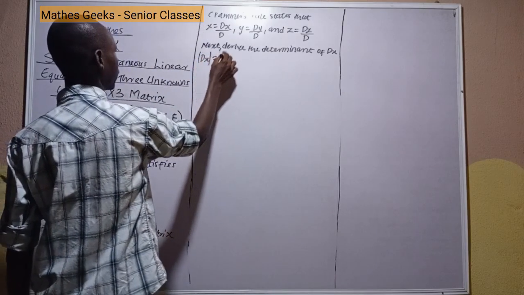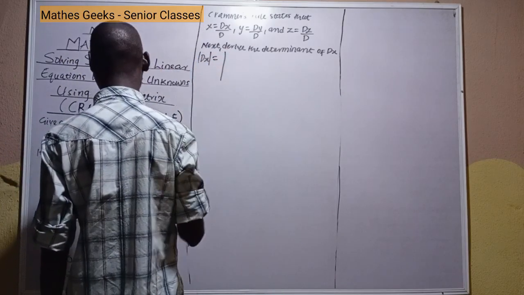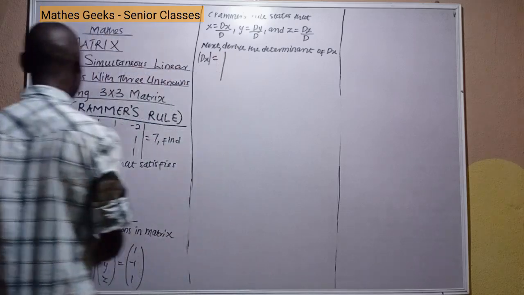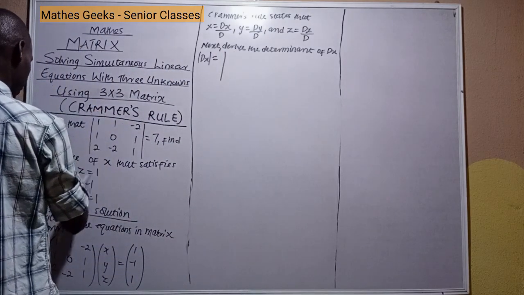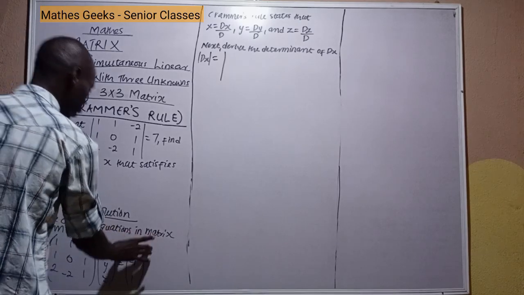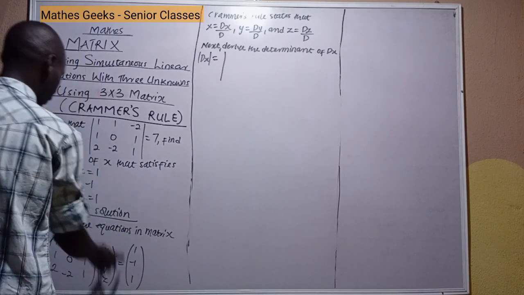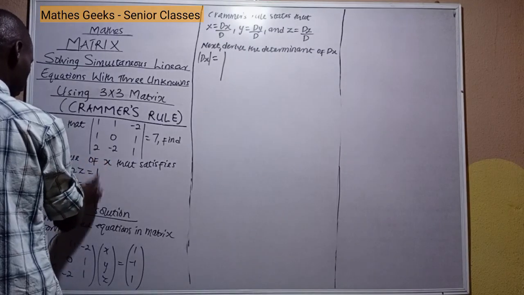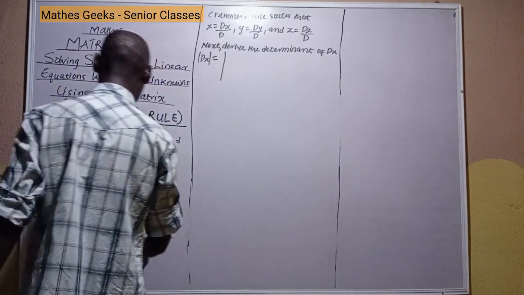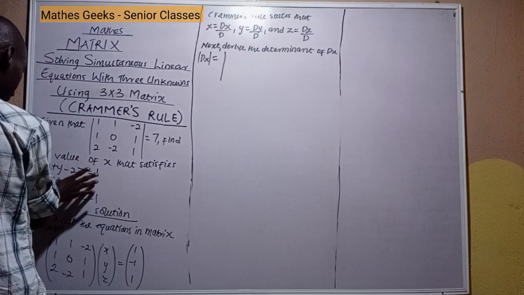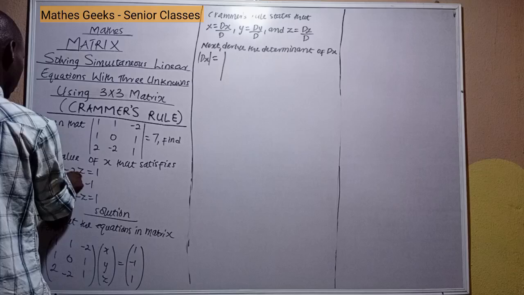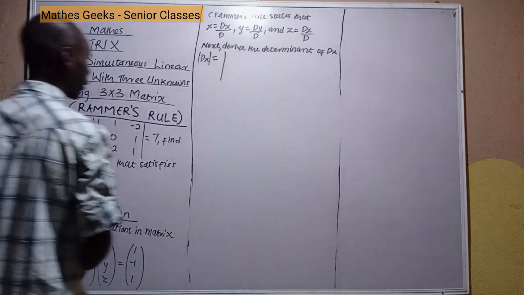The determinant of dx is equal to, so for dx, we're going to replace the x column of the matrix here by the column on the right hand side of the equation, which has the values for these simultaneous equations as given, because from here we're going to evaluate what the true values of x, y, and z are.